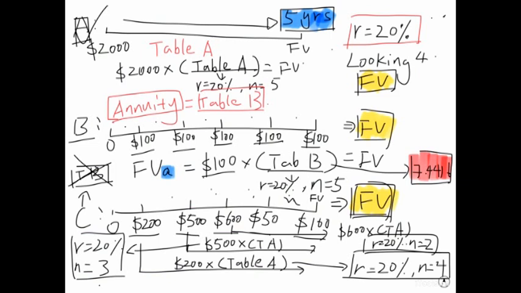So as you can see, it's a bit different from scenario B, and it's more troublesome than scenario B. But this is the way you calculate it. And to help you understand it deeper, I want to tell you that for scenario B, you can use the exact same thing as scenario C. By that I mean you can use the table A factor for scenario B as well.